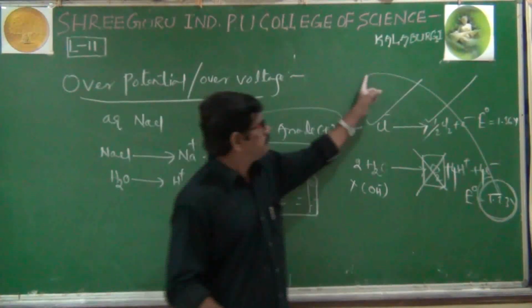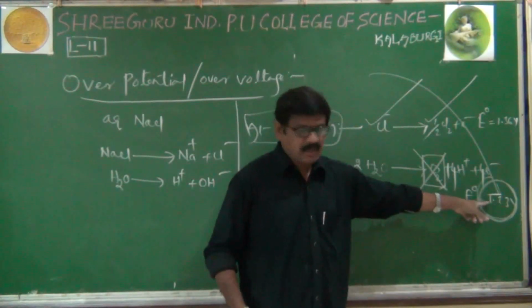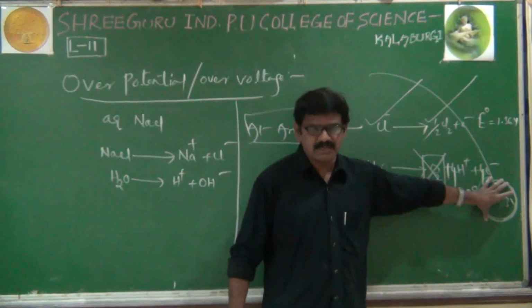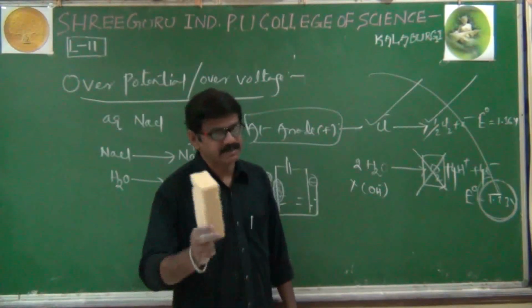Very simple. The minimum extra potential we are supplying over standard electrode potential to discharge the ion is called as over potential. I'll repeat.